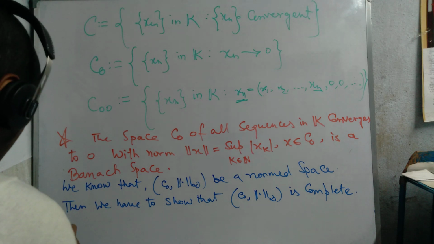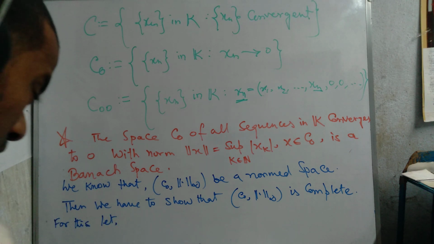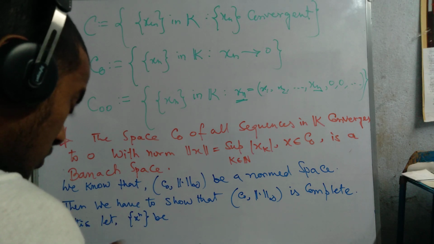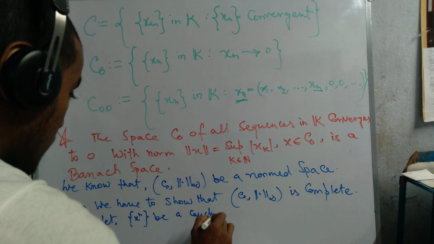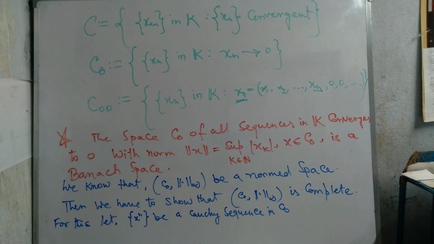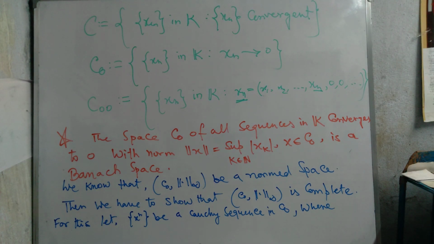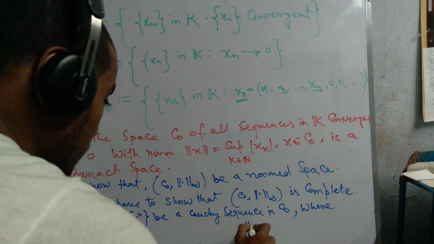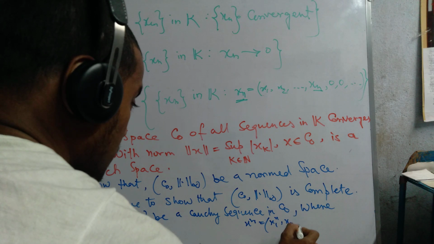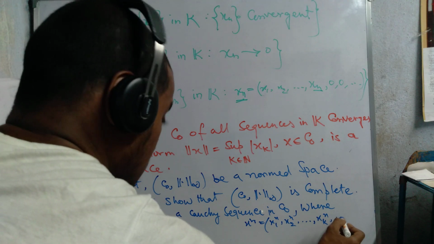For this, let xn be a Cauchy sequence in C0. Here xn equal to, we write in this way, x1 to the power n, x2 to the power n, dot dot dot, xk to the power n, dot dot dot.